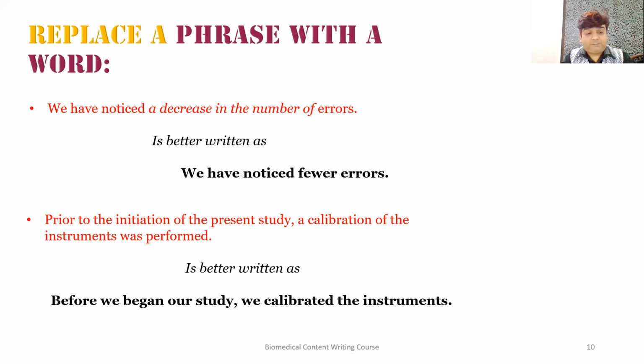Then come to the next sentence, which is, prior to the initiation of the present study, a calibration of instruments was performed. This is a very common sentence you will find when you're talking about technology or calibrating the instruments used in medical science or biomedical experimentation. And you can easily convert this sentence also into a shorter version, which says, before we begin our study, we calibrated the instruments.